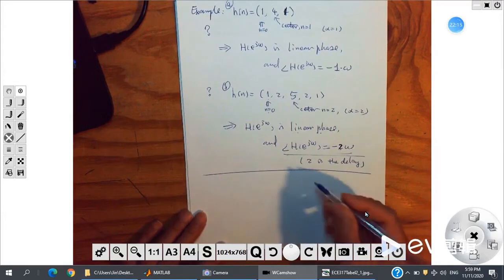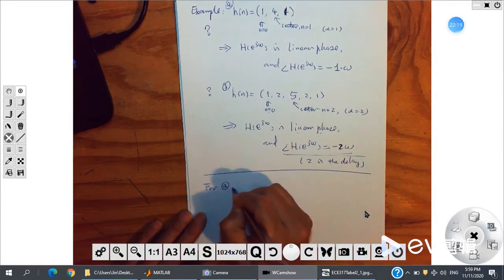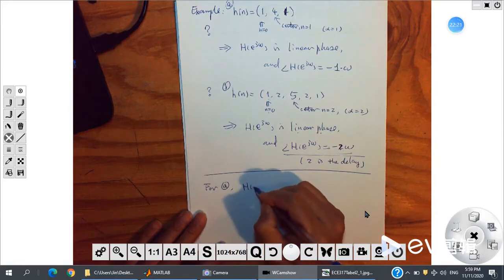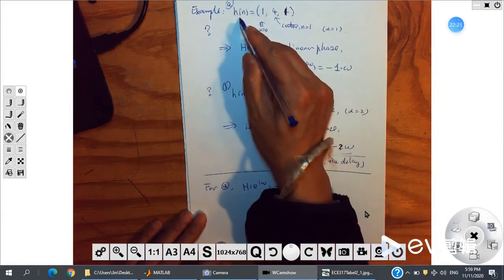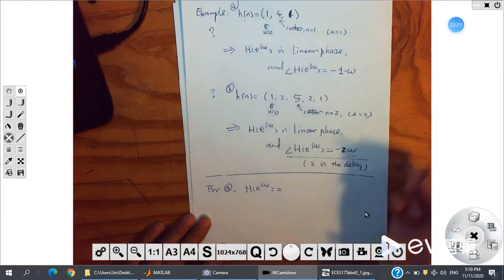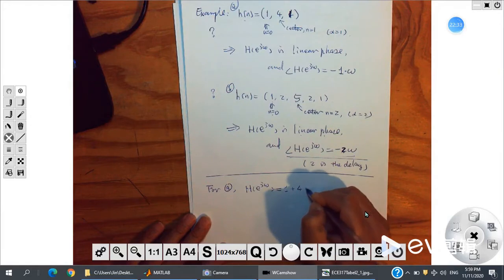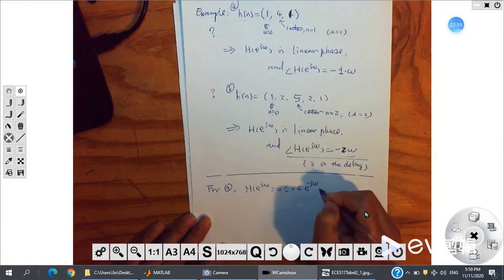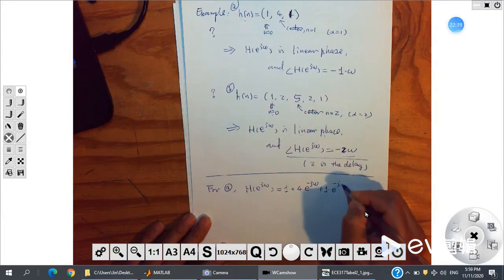Let us see. For A, what is H(e^jω)? It will be the Fourier transform of this signal, right? So by the definition, it is 1 plus 4 times e to the negative j omega plus 1 times e to the negative j 2 omega.